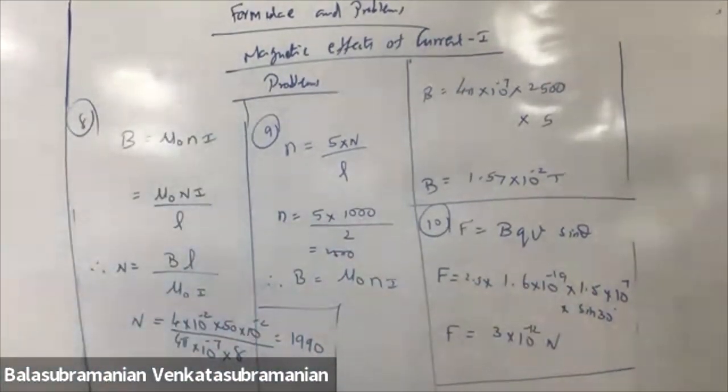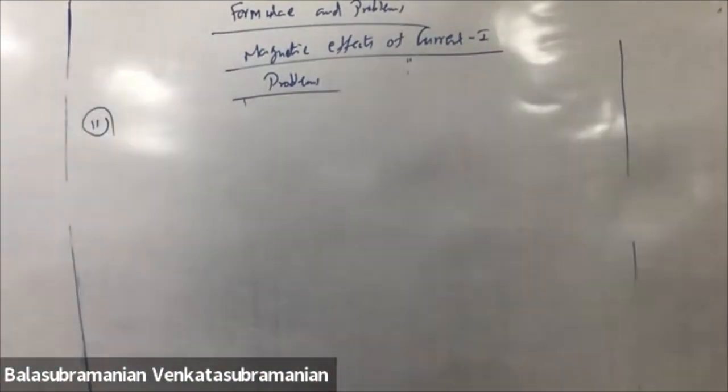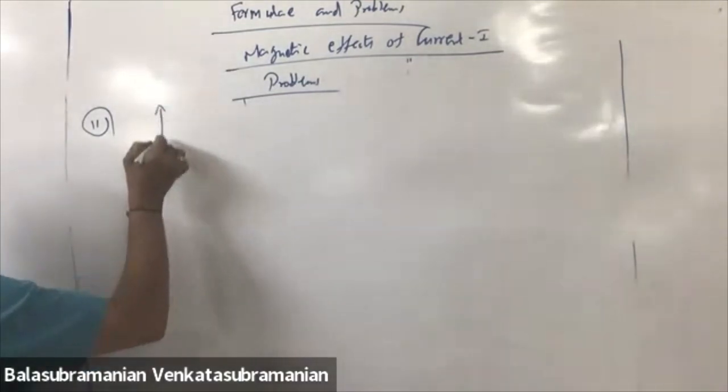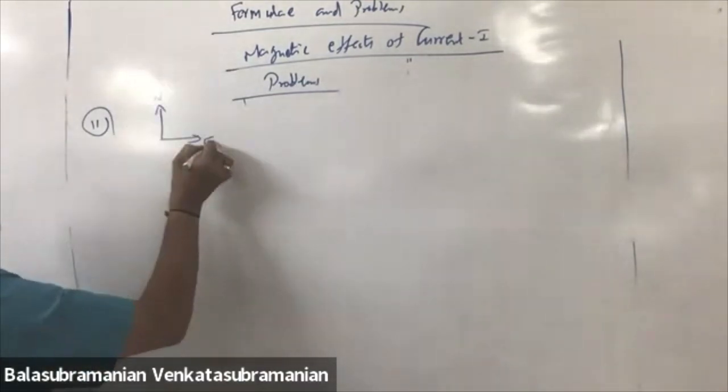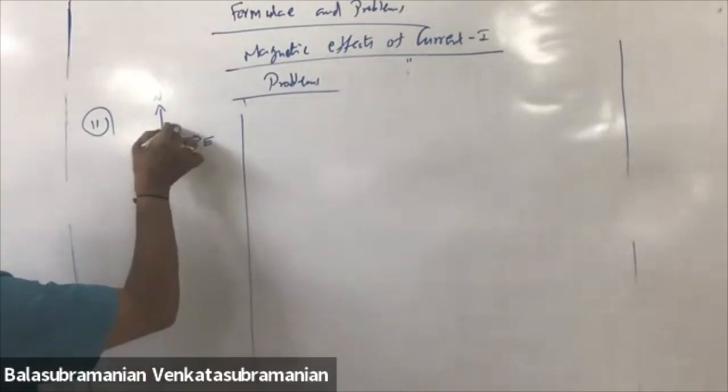Substitution. Mark 11. An electron is moving northwards with a velocity of 10 power 7 meter per second in a magnetic field of 3 Tesla directed eastwards. Calculate the instantaneous force. North, east, so theta is 90.